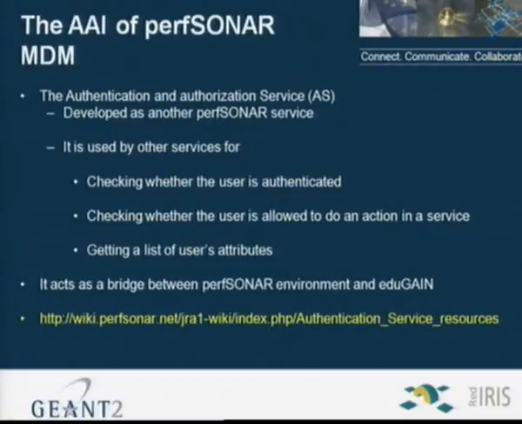We are developing another service, and that's good. And the AS can be used by other services when they want to check whether the user is authenticated or not, whether the user is allowed to do an action, that's the authorization part, and also for getting the list of available attributes for that user.